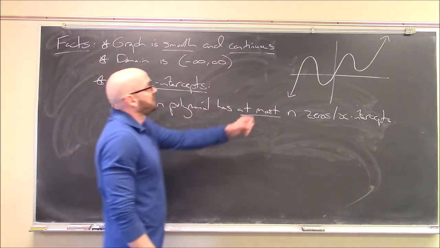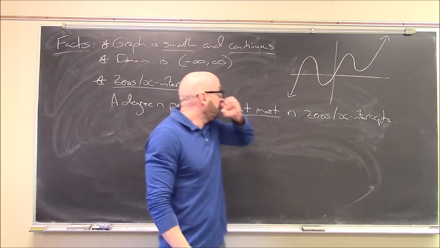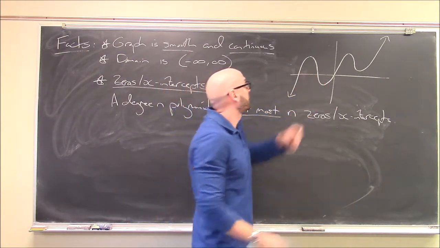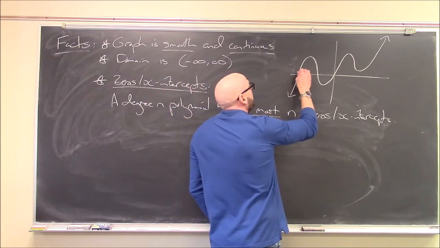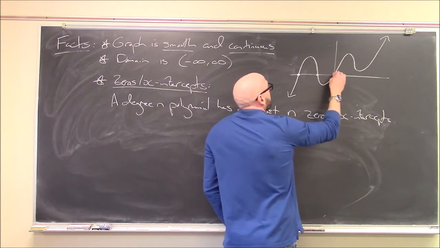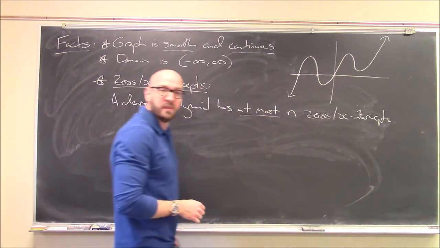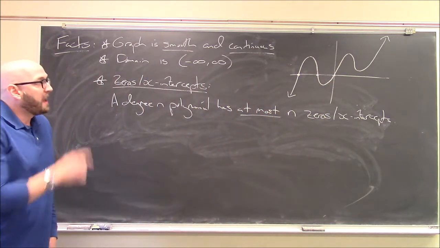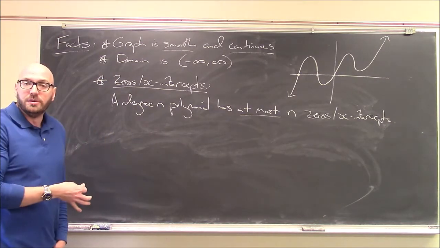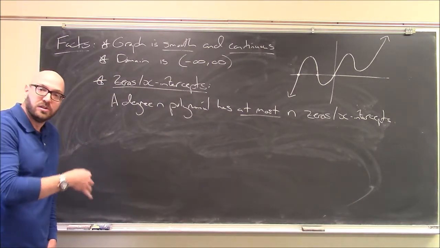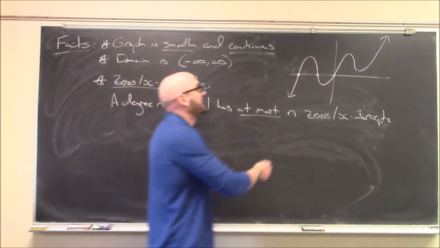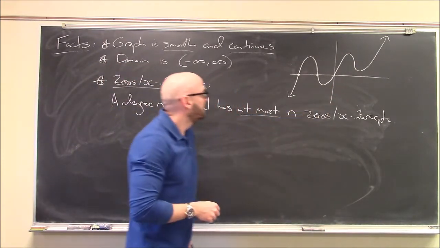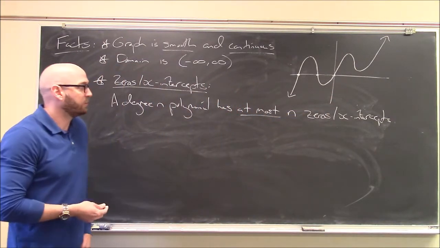Okay, so this picture that I have up here, how many zeros does this have? Well, this cuts through the x-axis at 3 different points. So this cannot be the graph of a degree 2 polynomial, because degree 2 polynomials have at most 2 zeros. This has to be at least degree 3 to have at least 3 zeros.